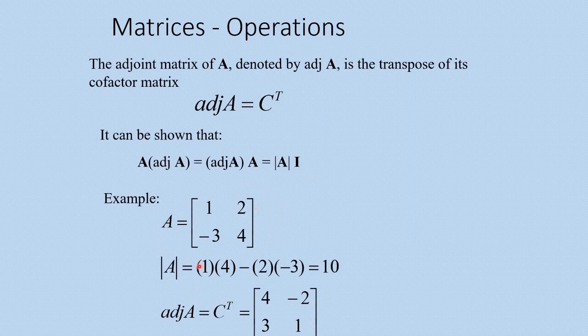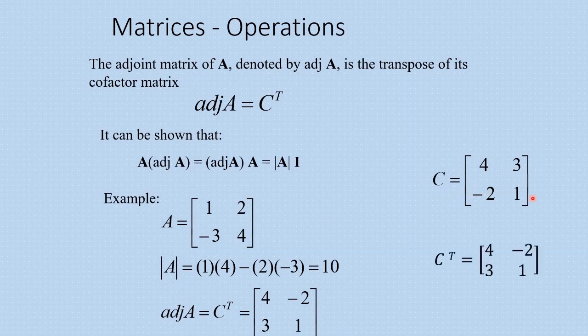Example, this matrix A. Here, determinant A is 1 times 4 minus 2 times minus 3, which is equal to 10. As we know, adjoint matrix A is equal to C transpose. We have calculated the cofactor above, which is 4, 3, minus 2 and 1, and the transpose of it is interchanging row and column, which is this.